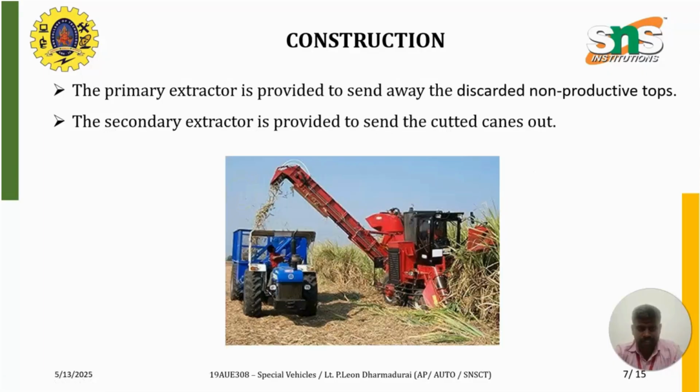As I said earlier, through the primary extractor the waste materials and the discarded non-productive tops are sent out and fall on the field, and through the secondary extractor the cut sugarcane is passed and collected in the external vehicles.